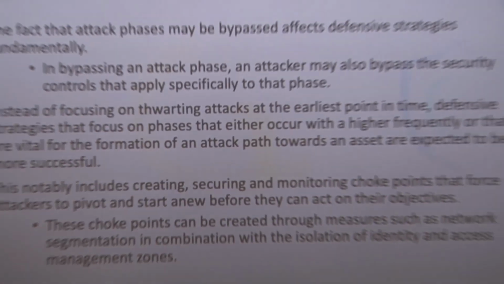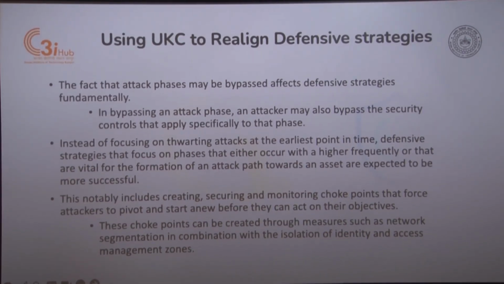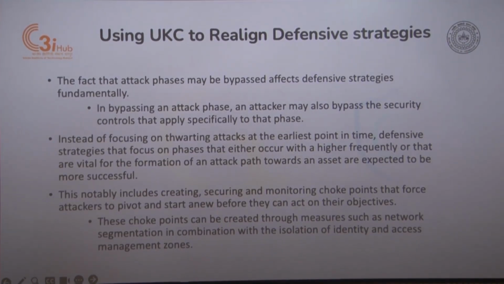Sorry? The slide we saw had the word create. It said we create choke points, secure and monitor. Okay, creating, securing, but I believe it's identifying the choke points. No, we need choke points.